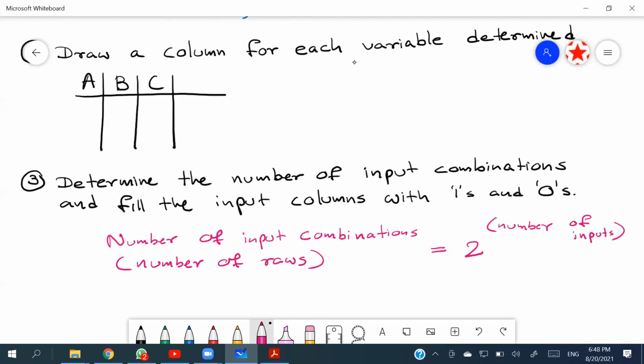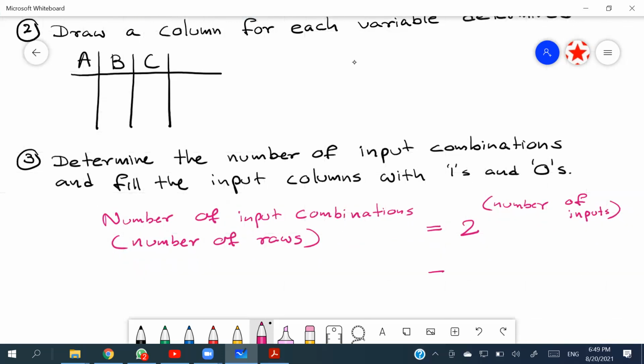Look at the equation closely. The number of input combinations, that is, how many rows are going to be in your truth table, can be determined by taking 2 to the power of the number of inputs. You have 3 inputs here, so this is 2 to the power 3, which is 8.